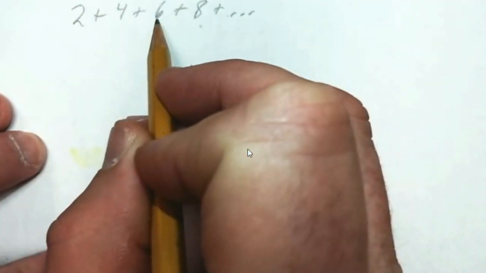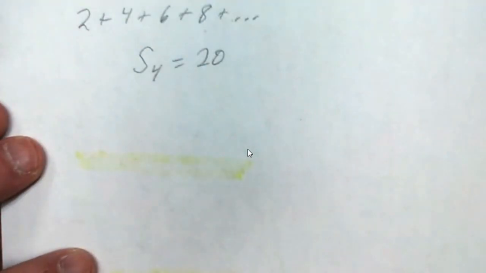So for this, if we're wanting to know the sum of the first 4, 2 plus 4 is 6, plus 6 is 12, plus 8, so the sum of the first 4 would be 20. It's a sum with a series.